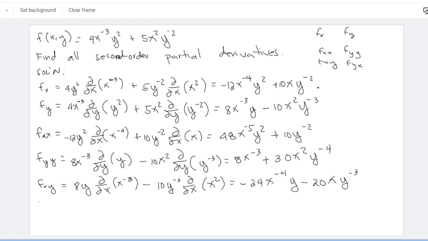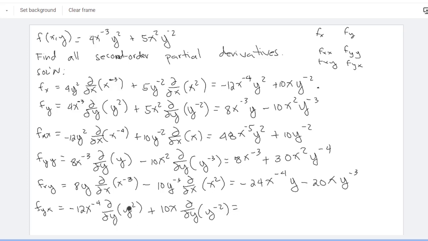And that's it. And lastly, fyx. This is the partial derivative with respect to y of fx. So with respect to y, negative 12x to the negative 4 times the partial derivative with respect to y of y squared, plus 10x times the partial derivative with respect to y of y to the negative 2.